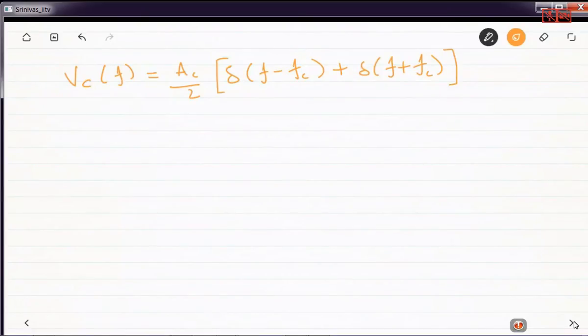You should also check this out. Remember we said Fc is much higher than Fm. Say this is 0 and this is Fm. This is minus Fc.